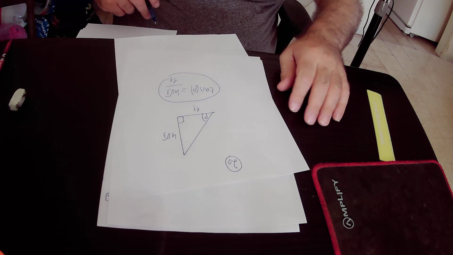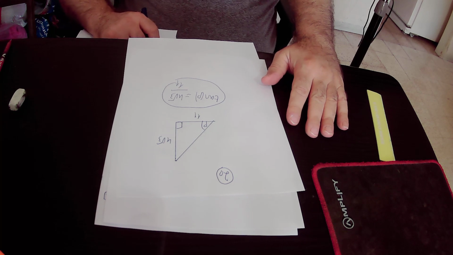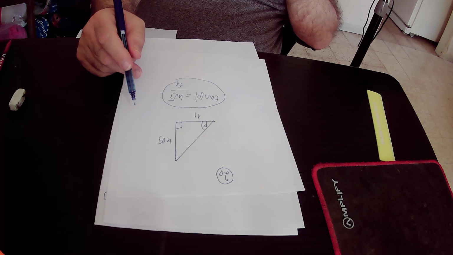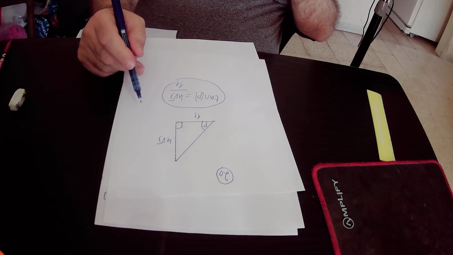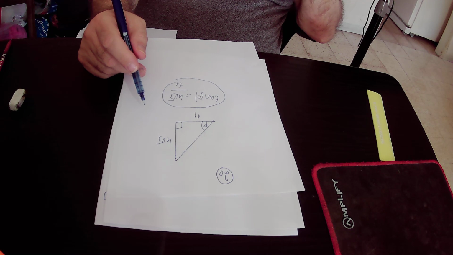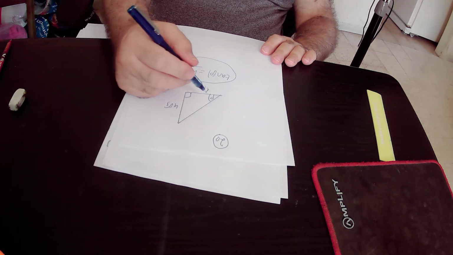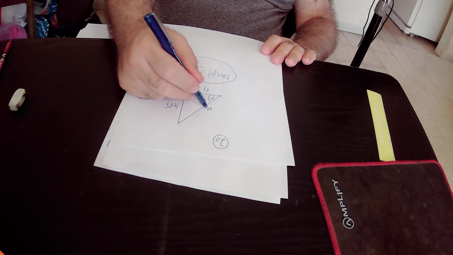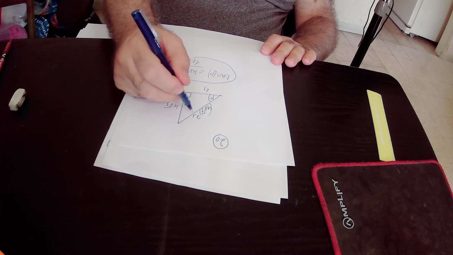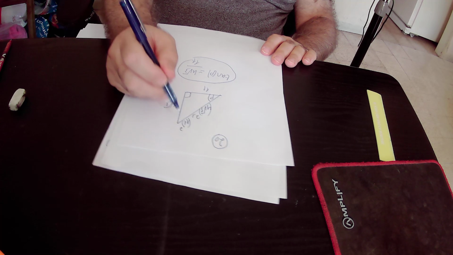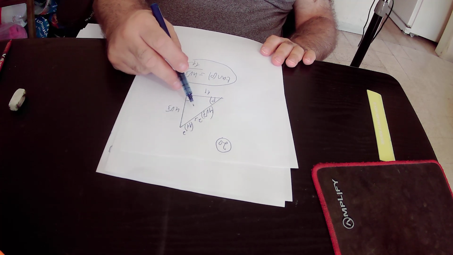So we will find the hypotenuse of this right triangle. According to the Pythagorean theorem, the square of the hypotenuse equals the sum of the squares of the perpendiculars. That is to say, 4 times root 3 squared plus 11 squared equals the square of the hypotenuse.